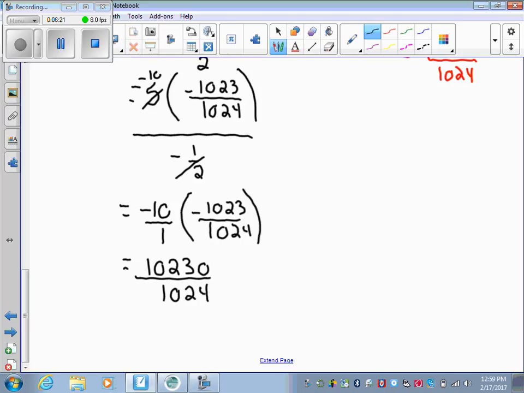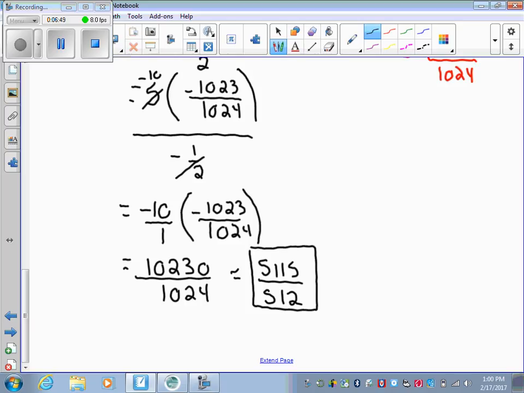Now you can reduce that down to lower terms if you want to. 1,024 divided by 2. So we could make it 512, and 5,115. Or you can make it into a mixed fraction as well.